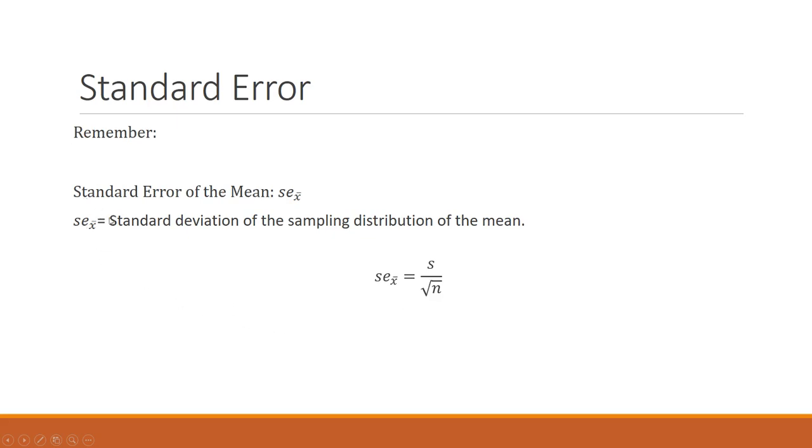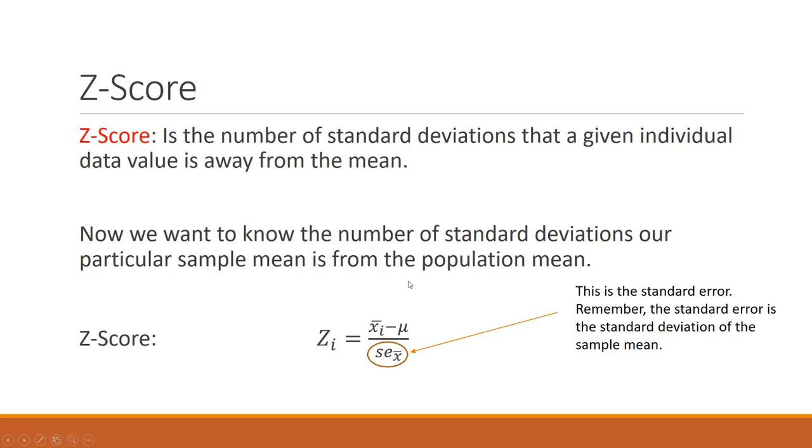The standard deviation of the sampling distribution of the mean is the standard error. The way we calculate or estimate it is the standard deviation of our sample data divided by the square root of our sample size. That gives us the standard error of the mean, which is the standard deviation of the sampling distribution of the mean.